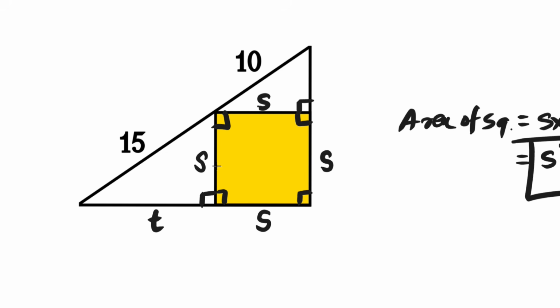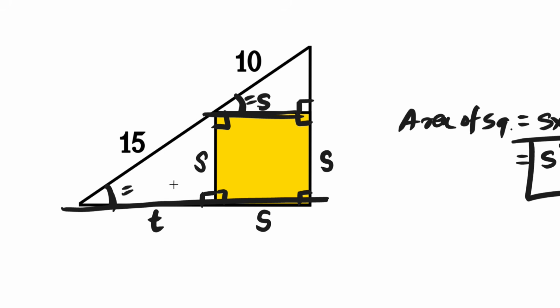Also, the top side of the square is parallel to the bottom side of the large triangle. Because of these parallel lines, the angle formed by the hypotenuse and the top side of the square is equal to the angle formed by the hypotenuse and the bottom side of the large triangle.